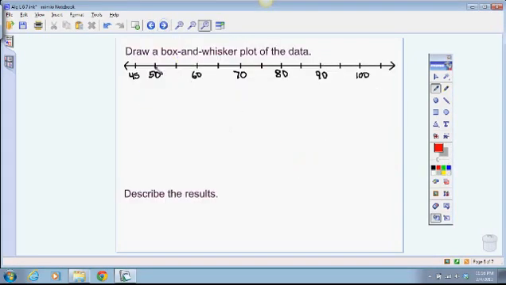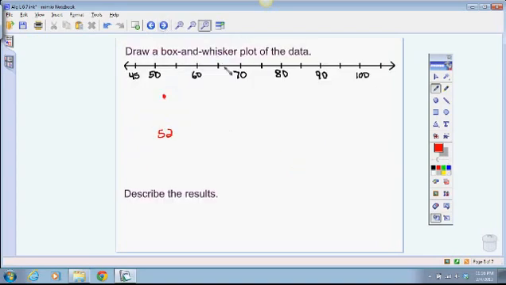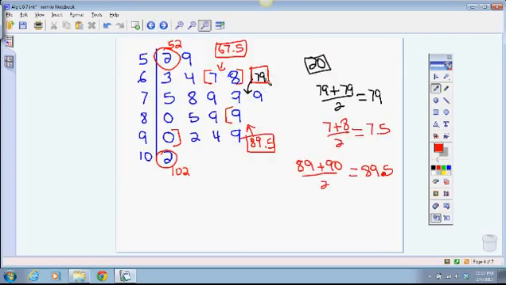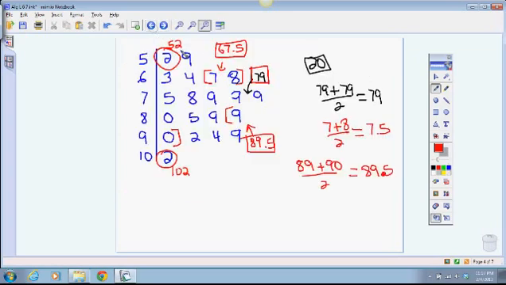The first one is 52, so here's 52 and 55, so it's going to be right here. Next we have 67.5. Here's 60, 65, and 70, about halfway through. Our median of 79.